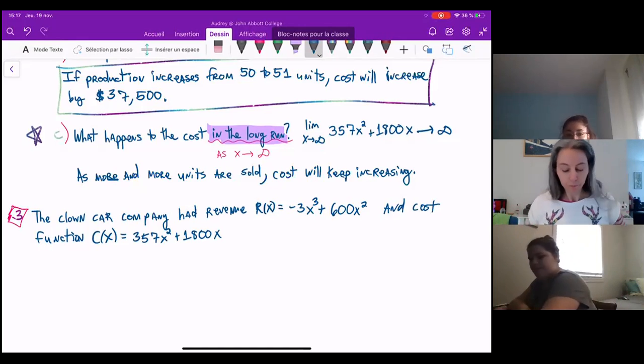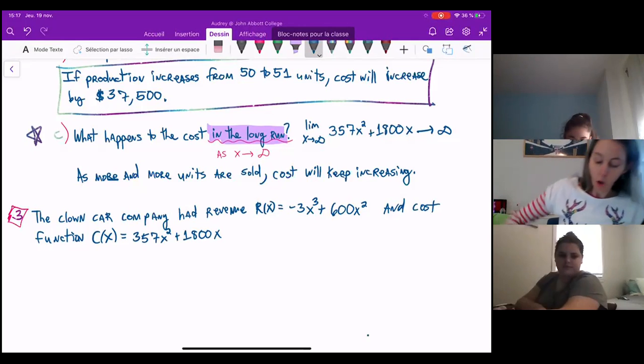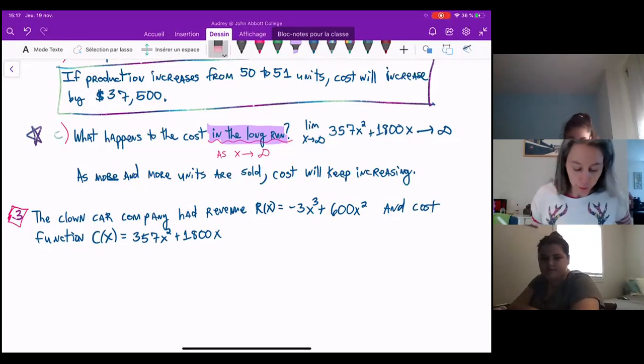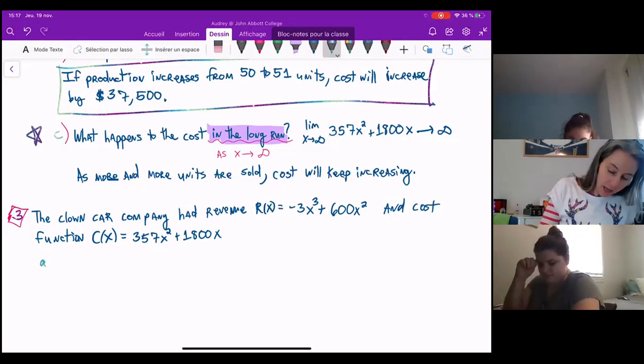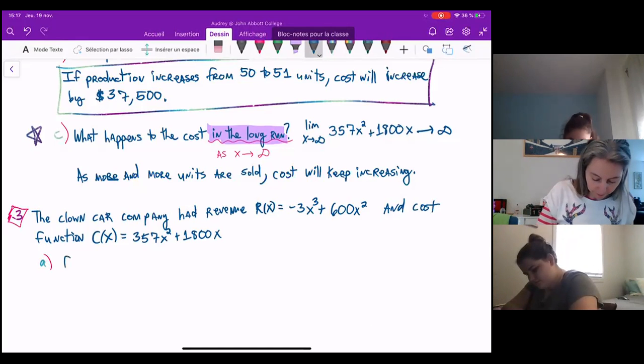Okay. So our first thing that we're going to do for this part 3 is find marginal profit at x equals 10 units.